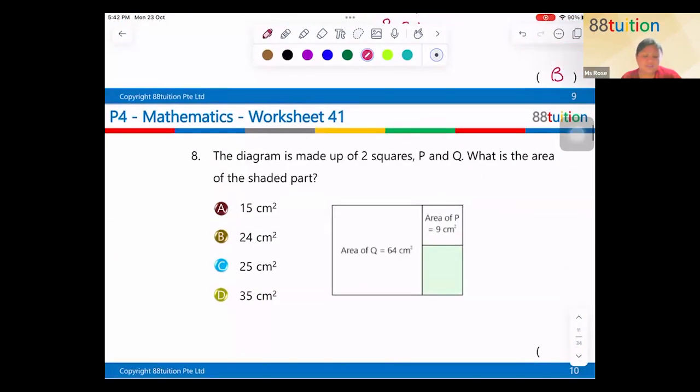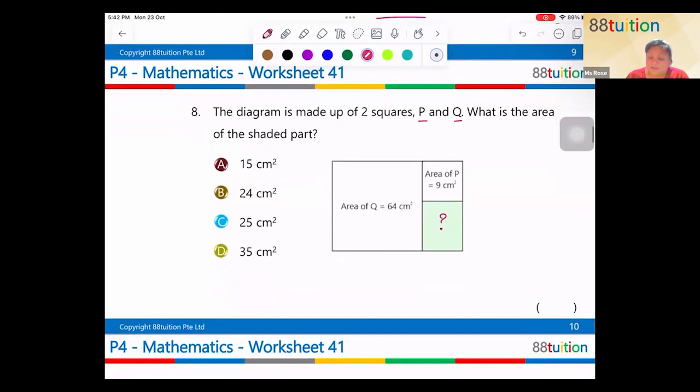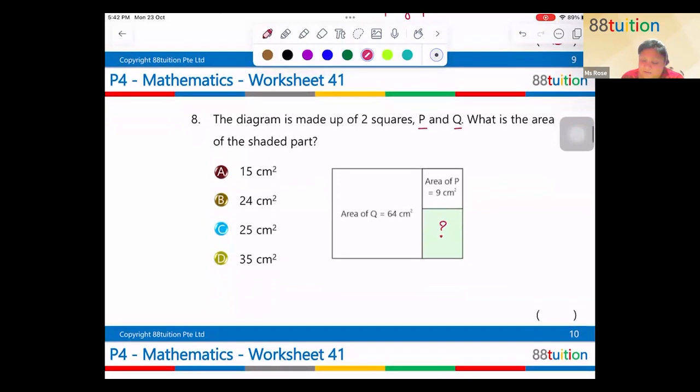Okay, now question number 8. The diagram is made up of two squares, P and Q. You want to find the area of the shaded part, right? Before you can find it, remember, two squares, P and Q. This is a square, and this is also a square, a bigger square and a smaller square.